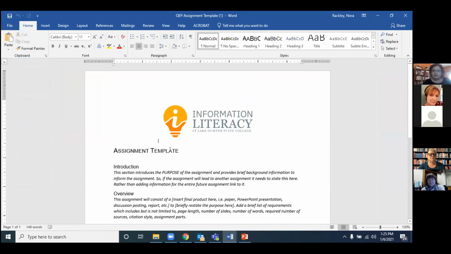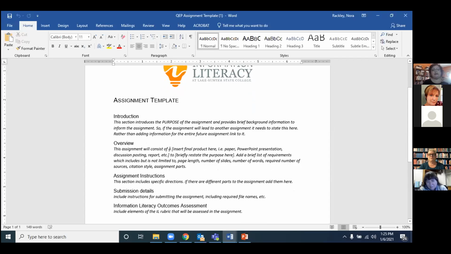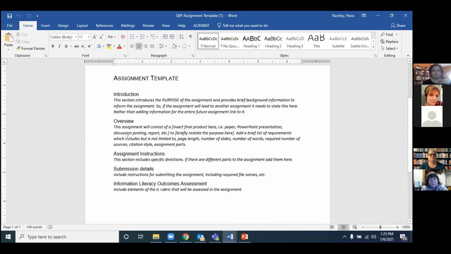So when an instructor says, okay, we want to create a library intervention model, we want to start a research assignment with our students, this is the template that we're going to use to modify whatever the assignment is. And this walks us through the things to include at each step. So here in italics, it says the section introduces the purpose of the assignment, provides brief background.